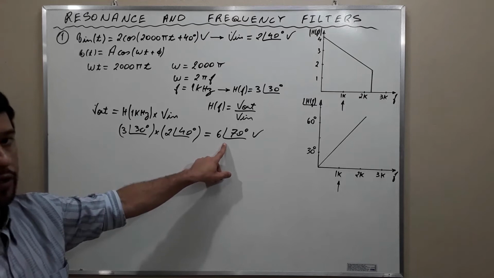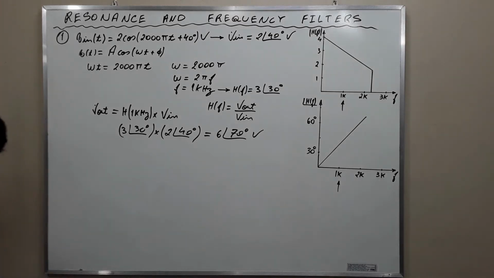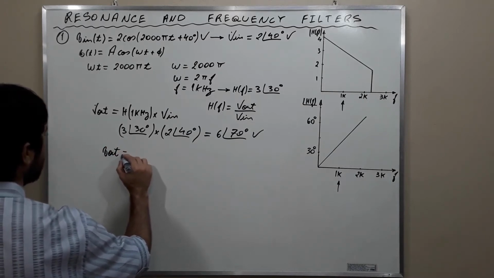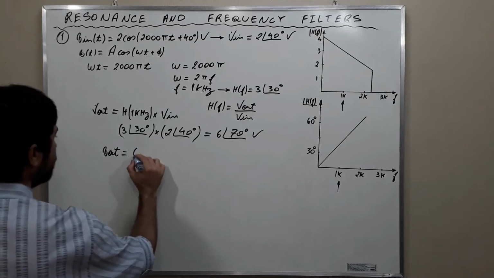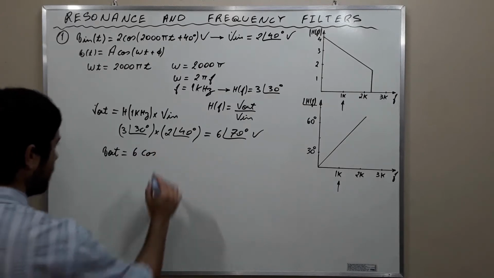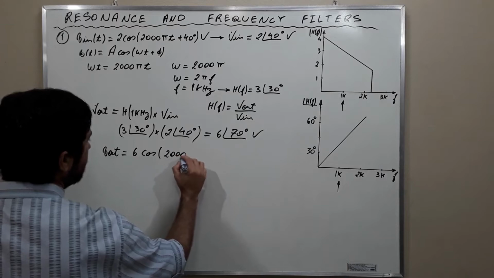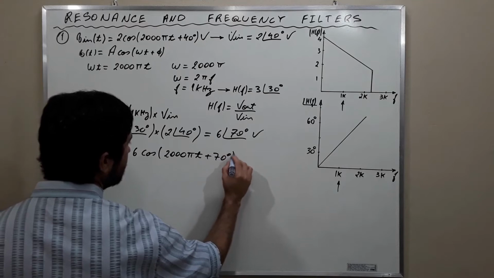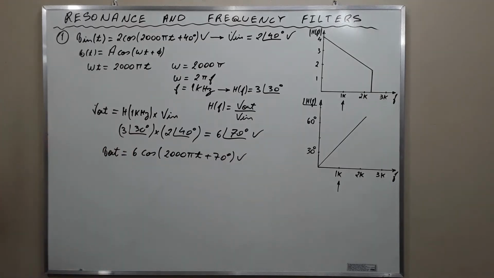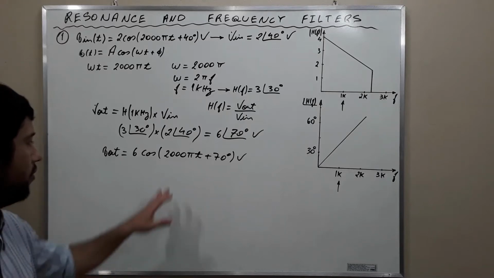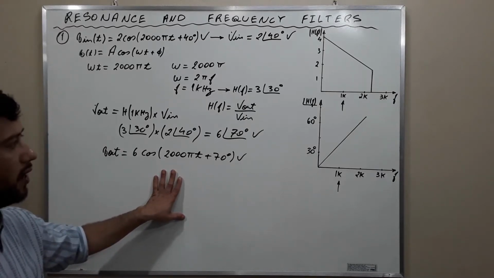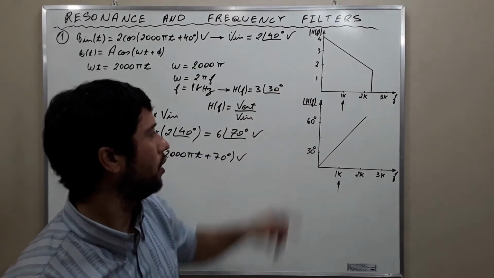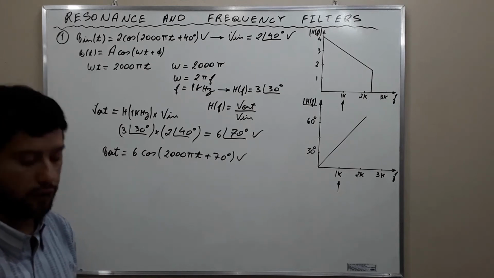If we convert this to the time domain, the output signal is Vout equal to 6 times the cosine of 2000 pi t plus 70 degrees volts. And this is the solution of the exercise using the magnitude and the phase plots of the transfer function.